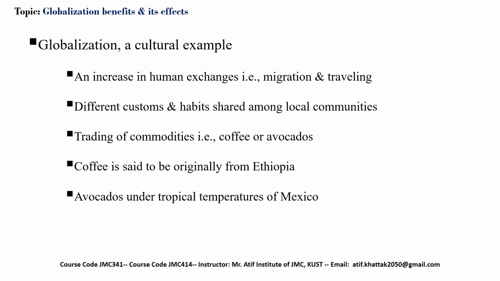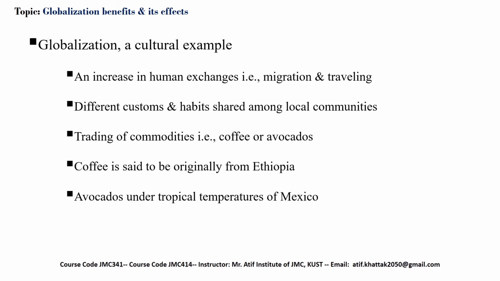A good example of cultural globalization is the trading of commodities such as coffee or avocados. Coffee is said to be originally from Ethiopia and consumed in the Arab region. Due to commercial trade after the 11th century, it is nowadays known as a globally consumed commodity.